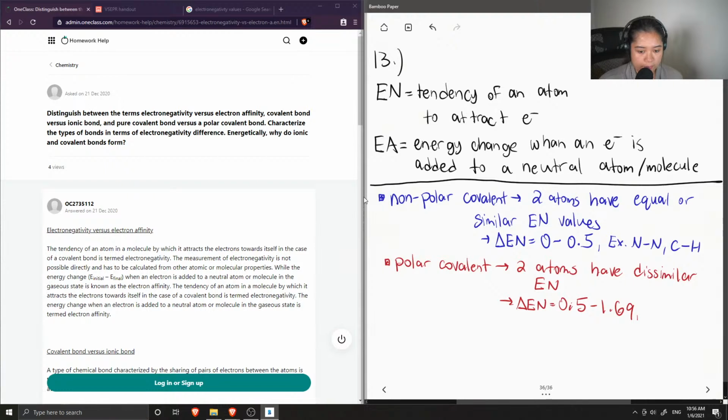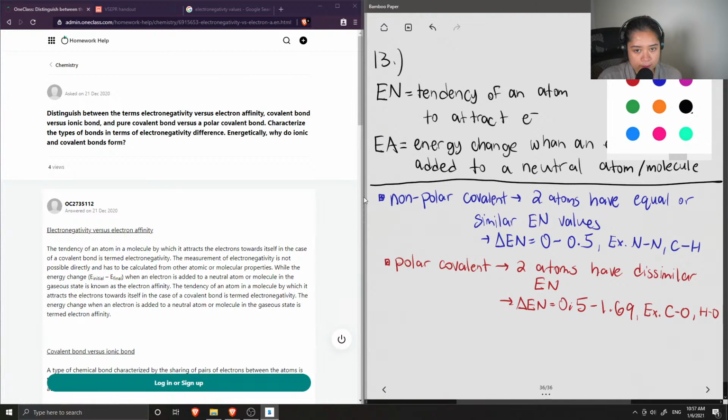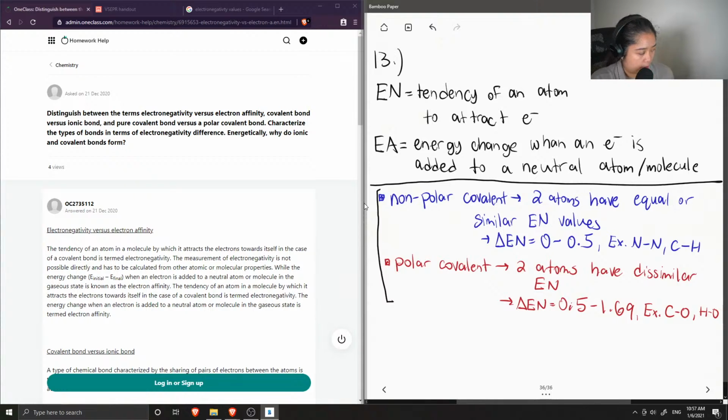So some examples of polar covalent bonds would be carbon and oxygen, or hydrogen and oxygen, etc. And the main difference between covalent and ionic bonds is that covalent bonds are between two nonmetals, and it involves the sharing of electrons.